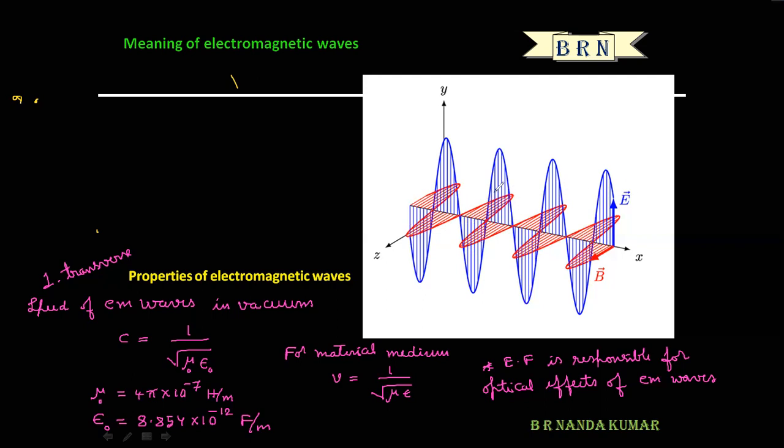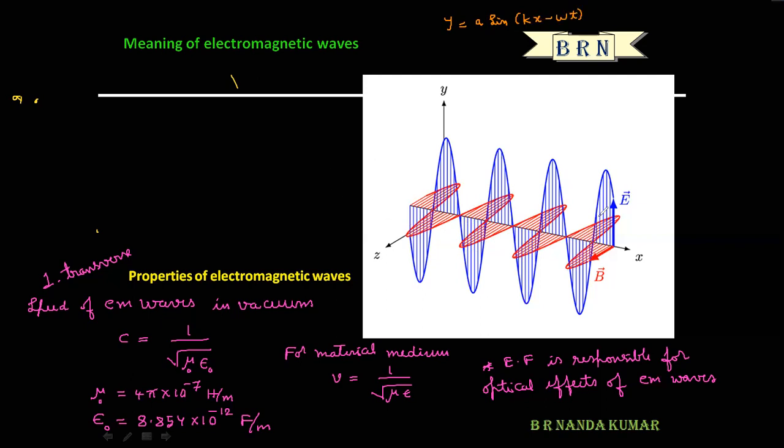Here both the electric field wave and the magnetic field wave are progressive waves. So the progressive wave equation is y equal to a sine of kx minus omega t.